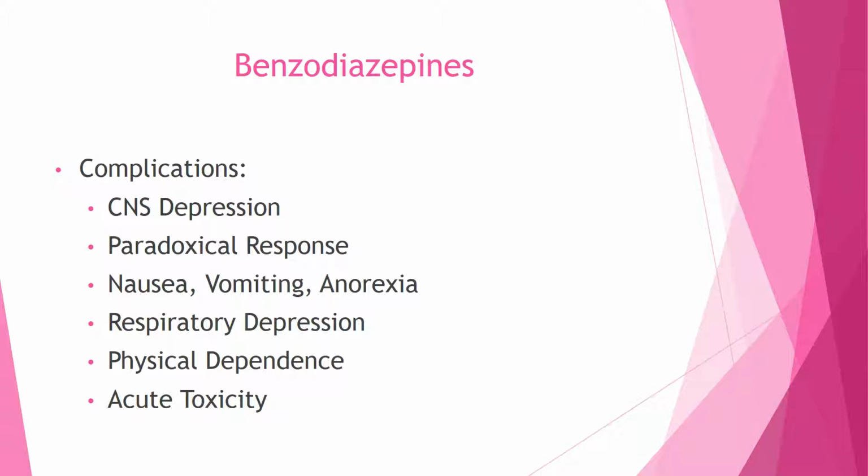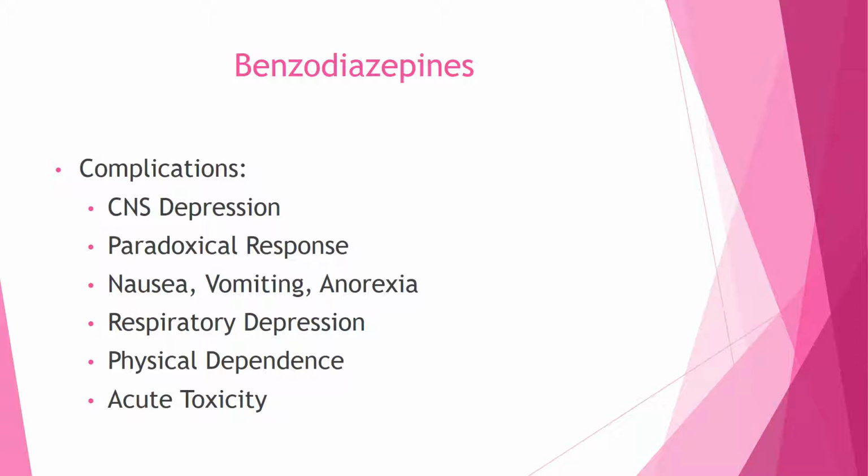Withdrawals following short therapy can be anxiety, insomnia, tremors, dizziness. In long-term therapy with benzodiazepines, withdrawals can manifest as delirium, paranoia, panic, hypertension, seizures. So once again, we just need to decrease these medications slowly over a longer period of time.